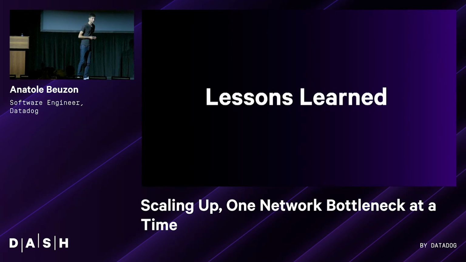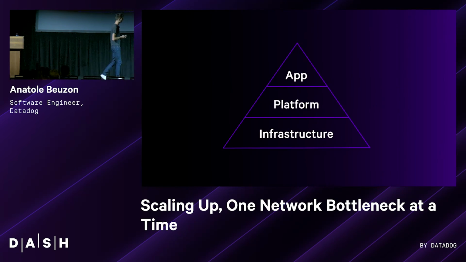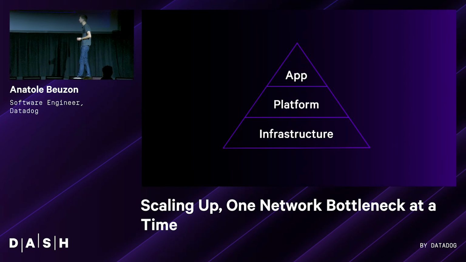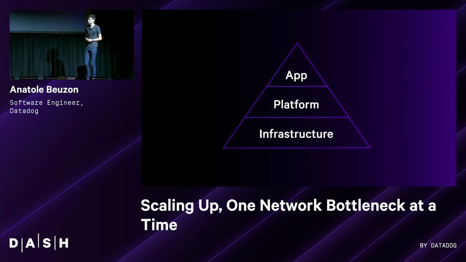Now, what can we learn from this? It was a long and protracted investigation with many steps, frustration, hope, good surprises, bad surprises. Possibly the first realization is that we run on a pyramid and we need each layer to work. As software developers working on the app layer, we don't have the guarantee that everything underneath works perfectly.